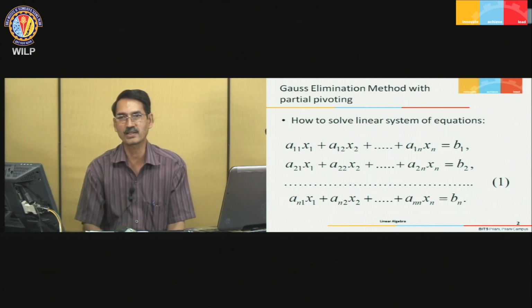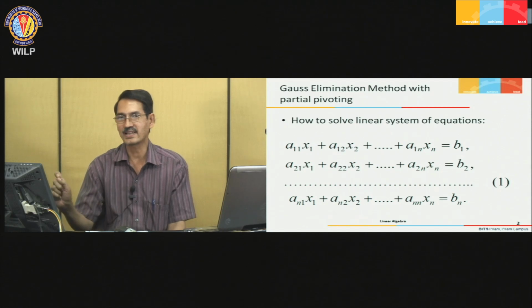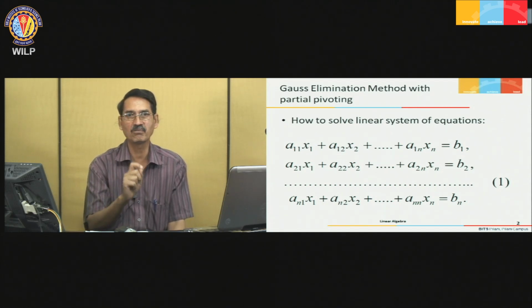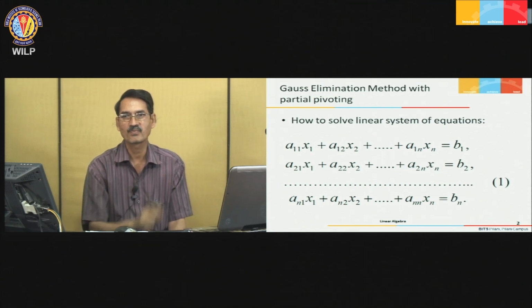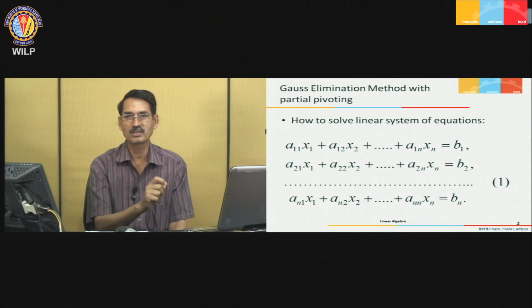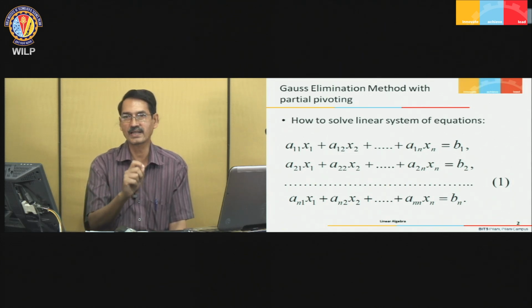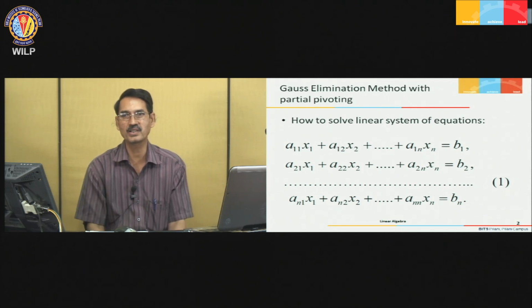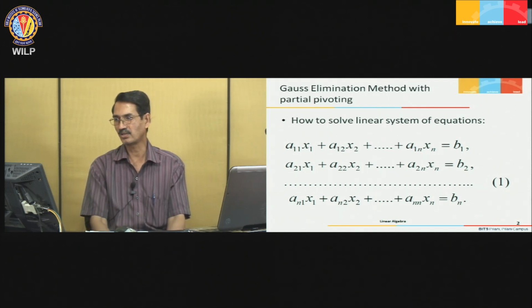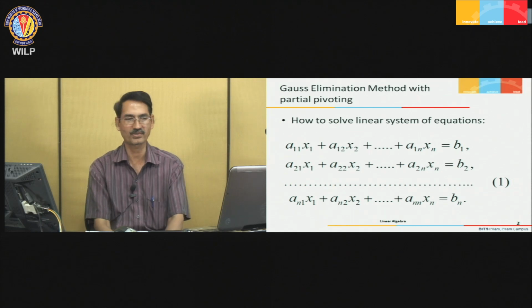We are supposed to find them out, and these aij's, a11, a12 etc. are already well known in advance, and b1, b2, bn are also well known given quantities. Only x1, x2, xn are n unknown quantities. We are interested in what are the solutions of this system of equations.